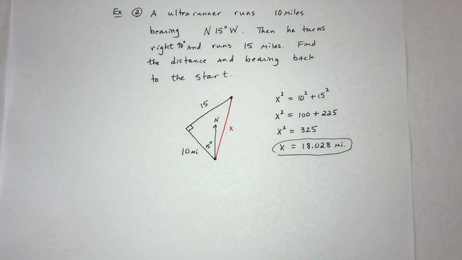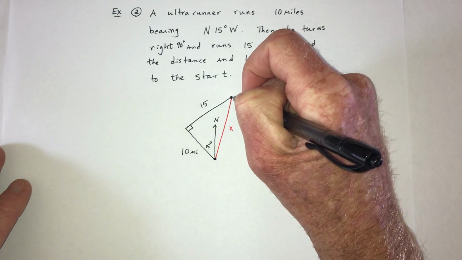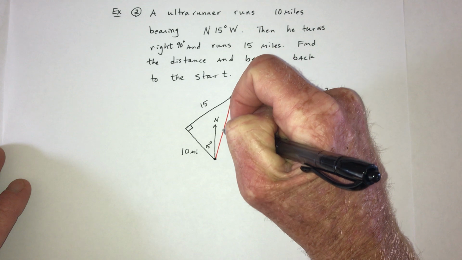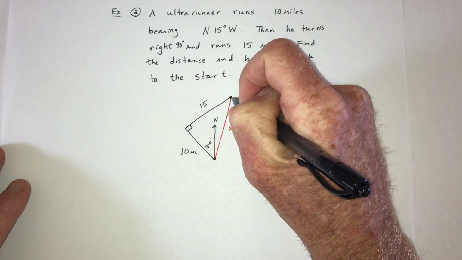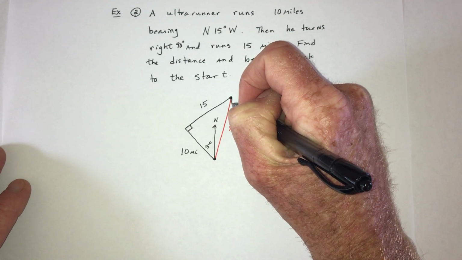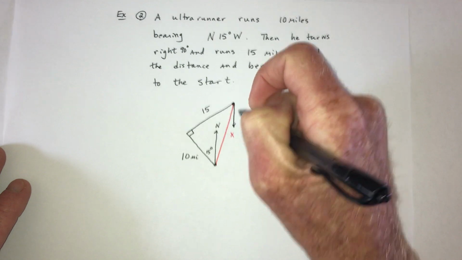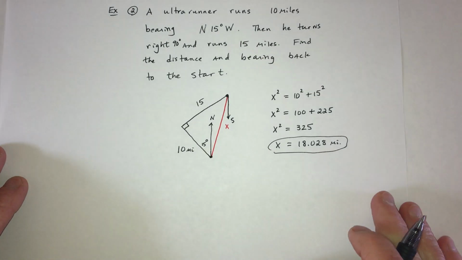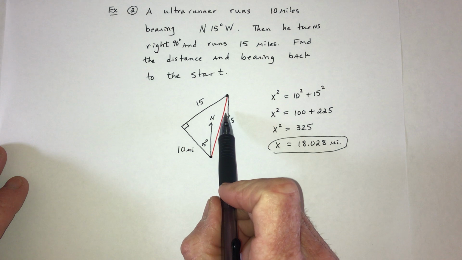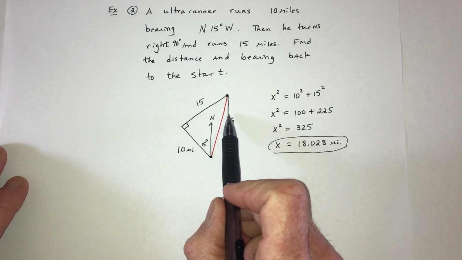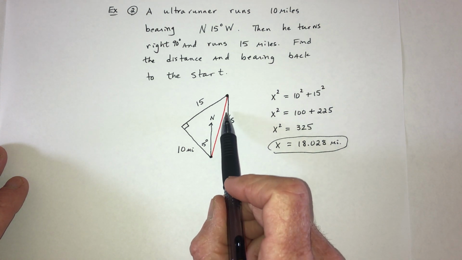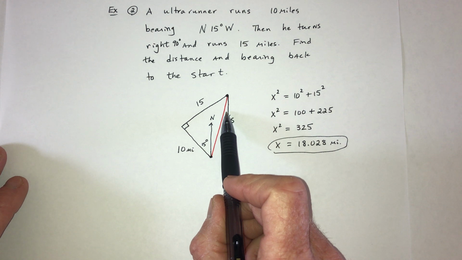Now the other part, which is the more interesting, the more challenging part, is what's the bearing? So they're going to be going along this red line, so what direction should they go? Well, this is the south line. And they're going to be running just to the west of that. So they're going to be running southwest. So how much is this angle?